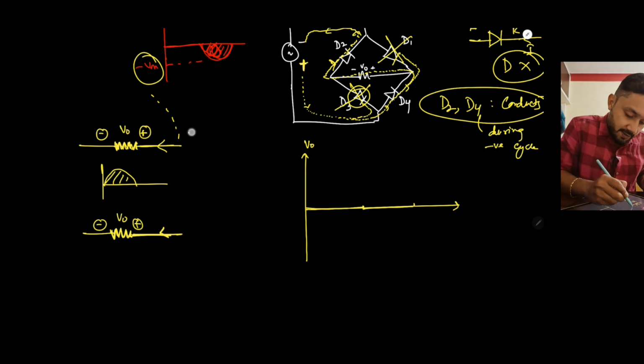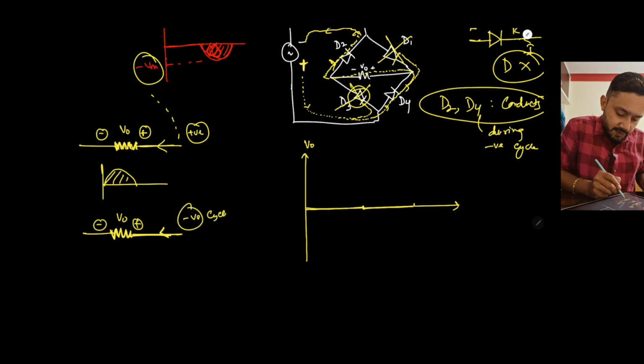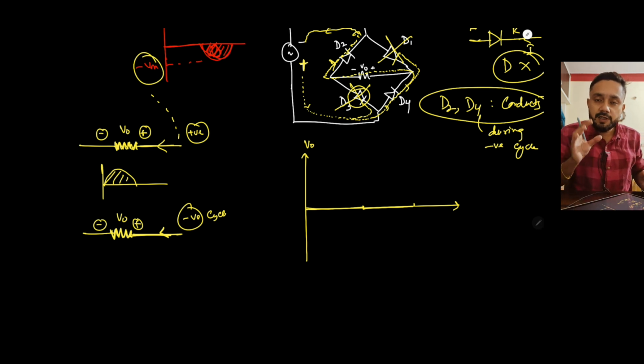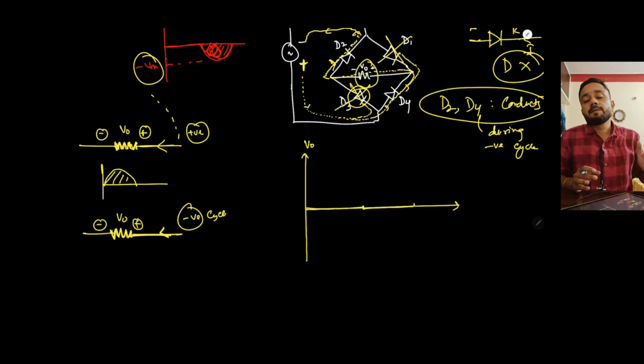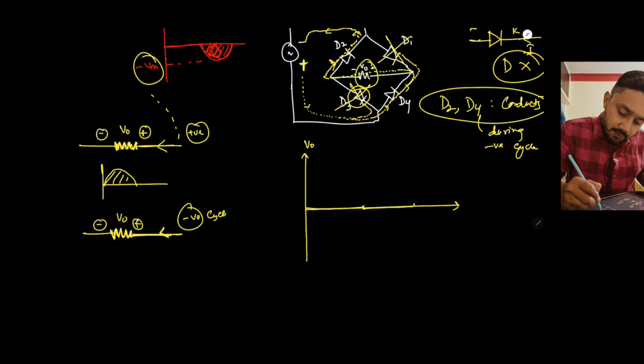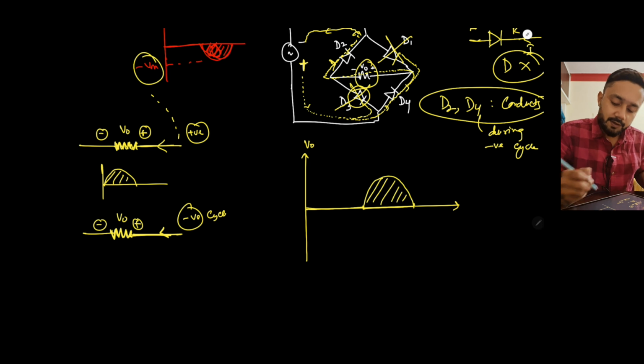See, this is the positive cycle, this is the negative cycle. See, the current is entering the positive terminal of the resistor in both positive and negative cycle, meaning the polarity of the voltage across the load resistance, that is here R, will be same for both the positive and the negative half cycle. So in the negative half cycle also, the waveform will look like this.